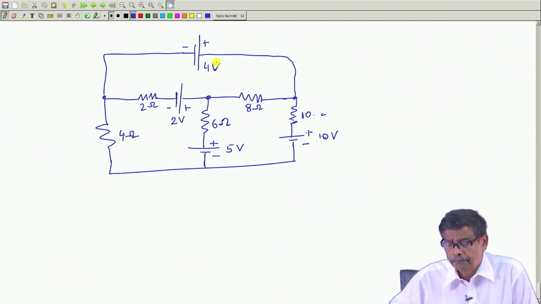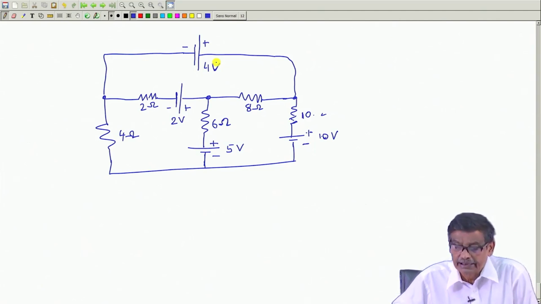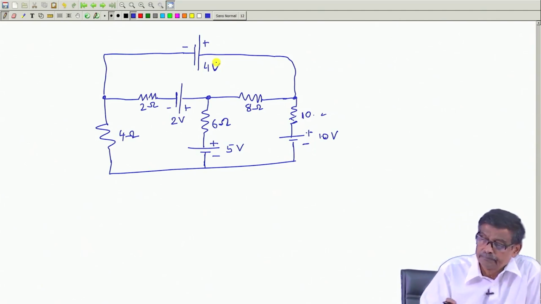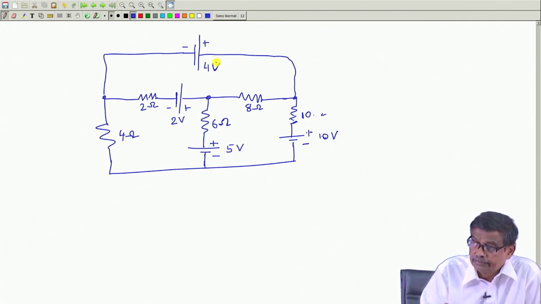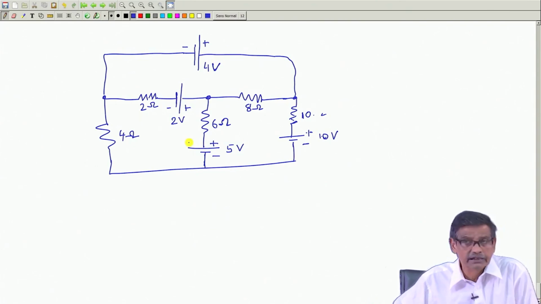Now, if you assume the mesh analysis method, there are 3 meshes very clearly. So, assume I 1, I 2, I 3, and you can generate those 3 equations by inspection.